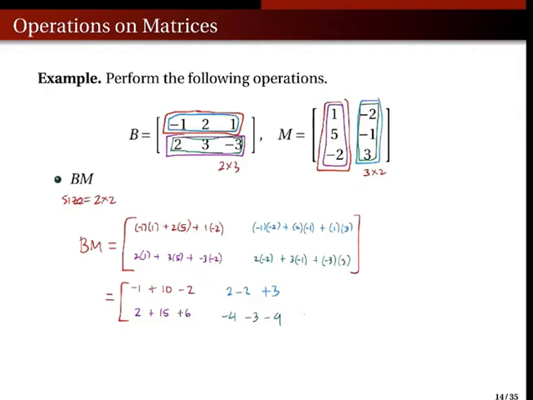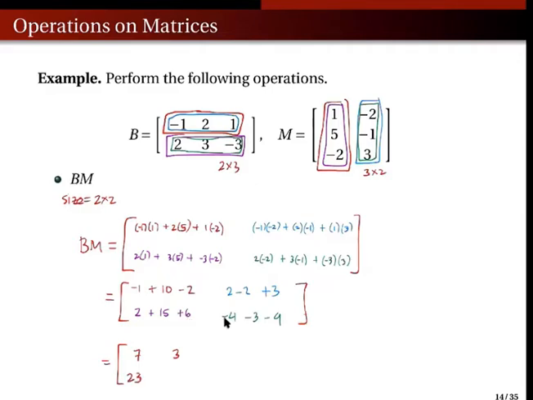Okay? And finally, let us write all the answers. I'll just use everything in red now. So you have minus 1 plus 10 minus 2, that's 7. In here you have 2 minus 2 plus 3, so that's 3. In here we have 2 plus 15 plus 6, this is 23.